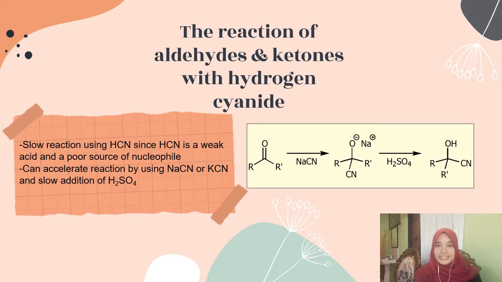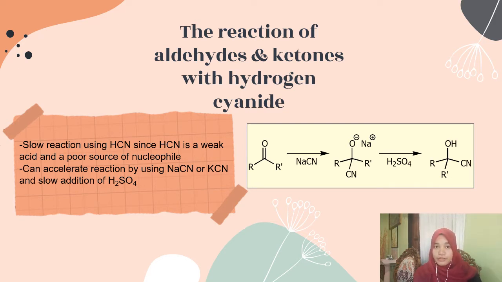For your information, the reaction isn't normally done using hydrogen cyanide itself because this is an extremely poisonous gas. Instead, the aldehyde or ketone is mixed with a solution of sodium or potassium cyanide in water, to which a little sulfuric acid has been added.